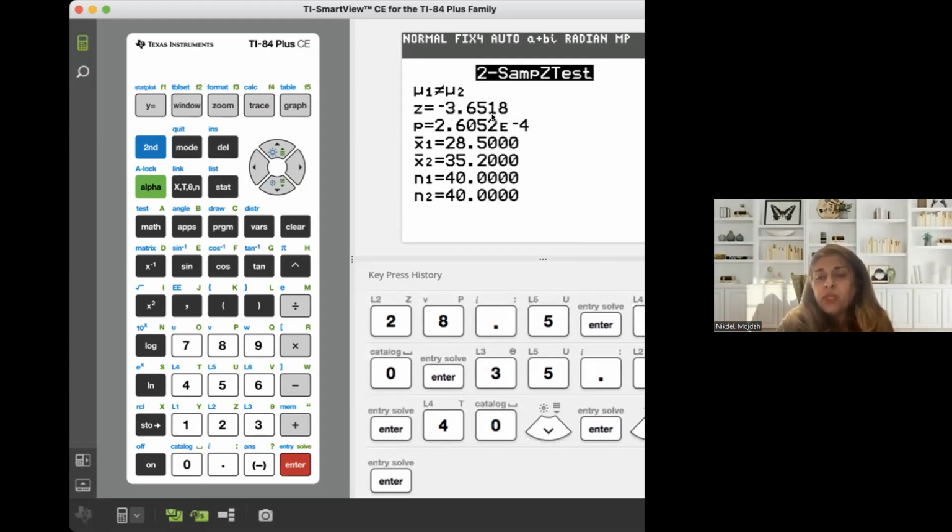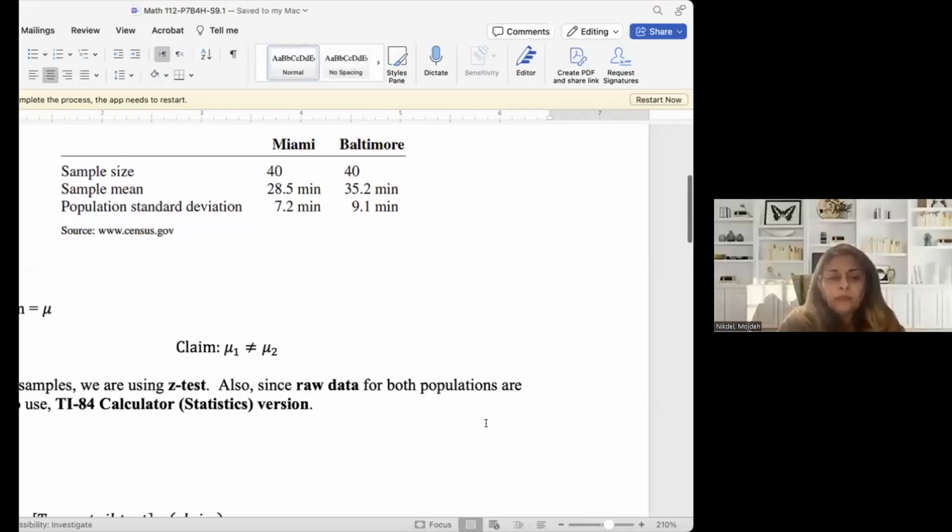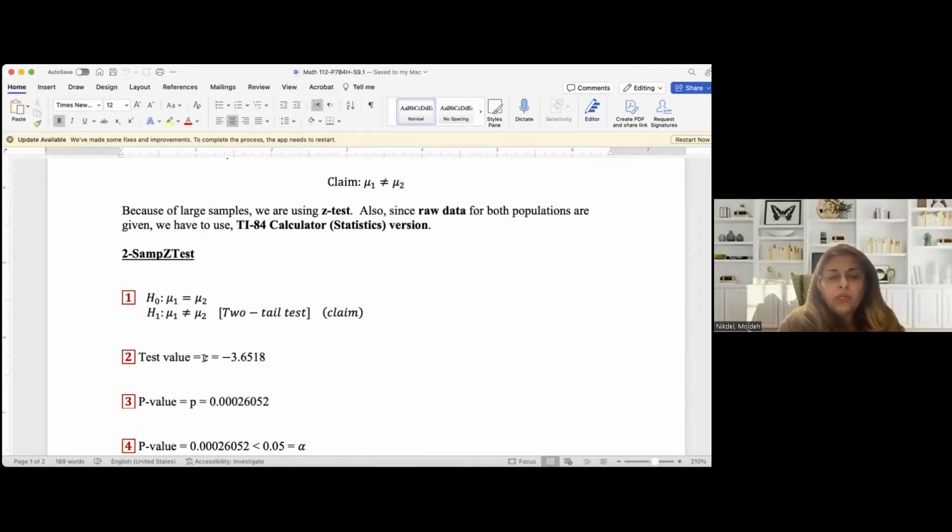I put these numbers on the slide. So Z was negative 3.6518. P was 2.6052 E to the negative 4. Let me rewrite what I had from the calculator.